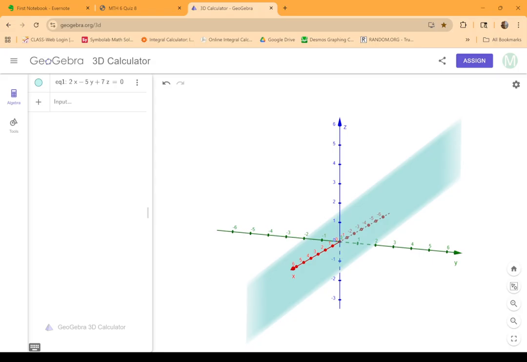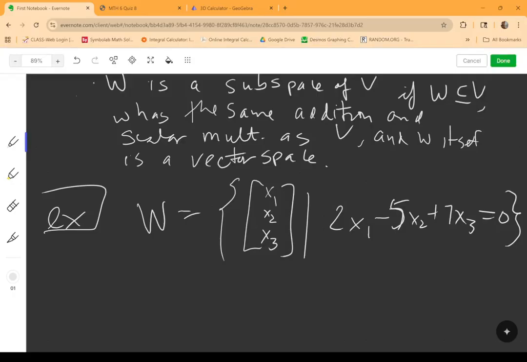Really all that's needed is that it's not empty, so there is at least one column vector that is part of this set. So W is a subset of R3, and plugging in, we can solve and find that values do exist.